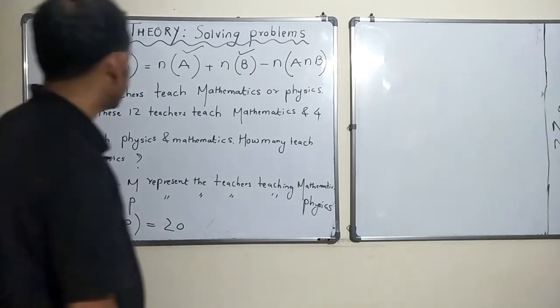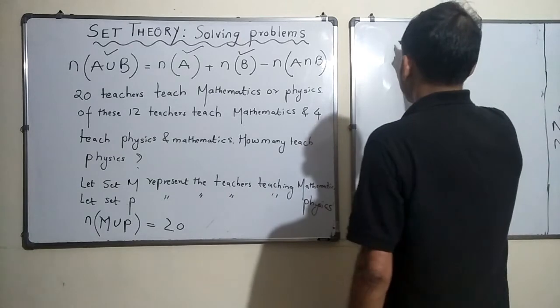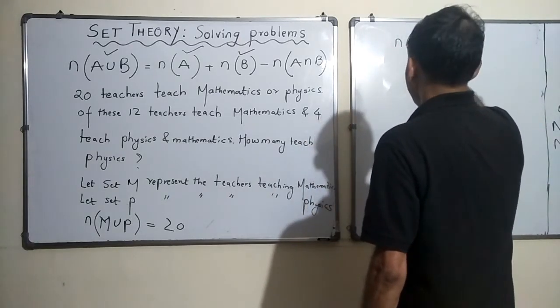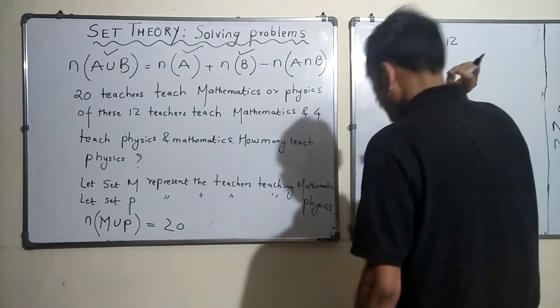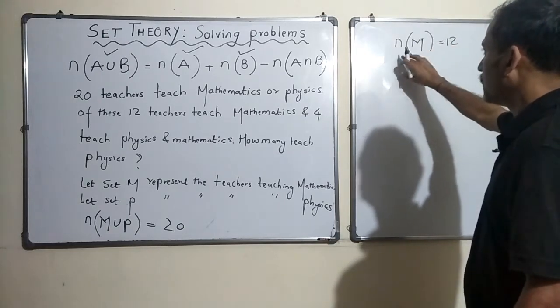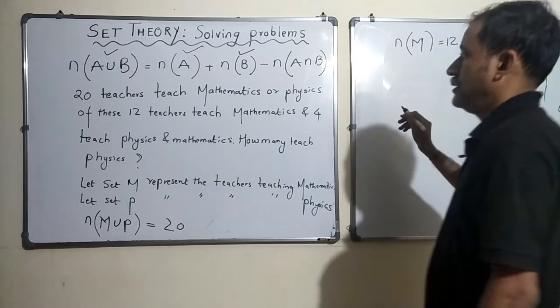Now what else is given? 12 teachers teach mathematics, which means the number of elements in the set M is 12.